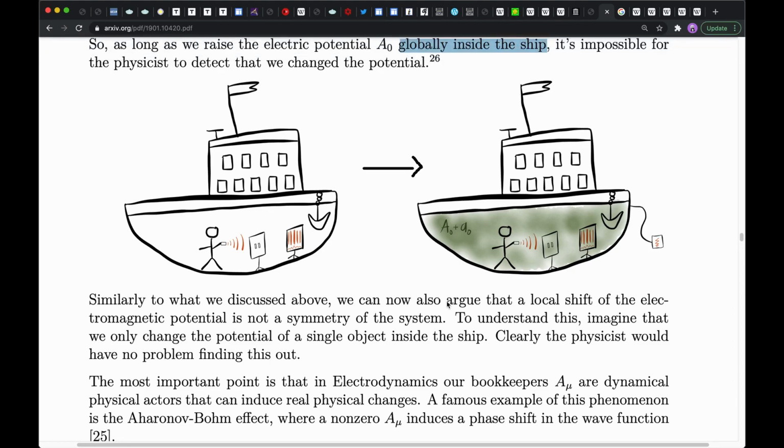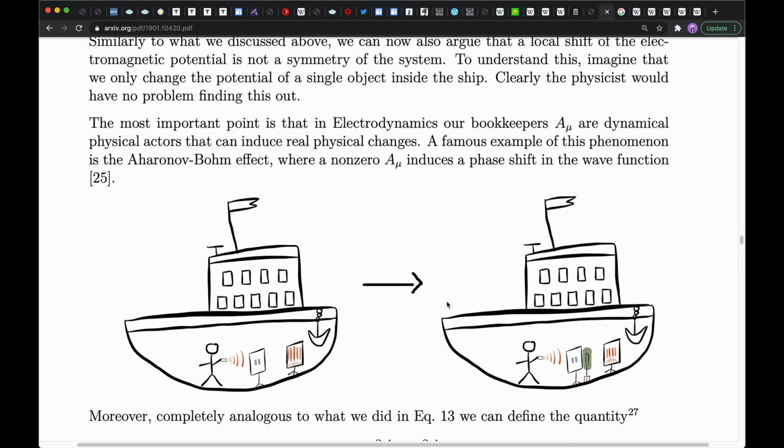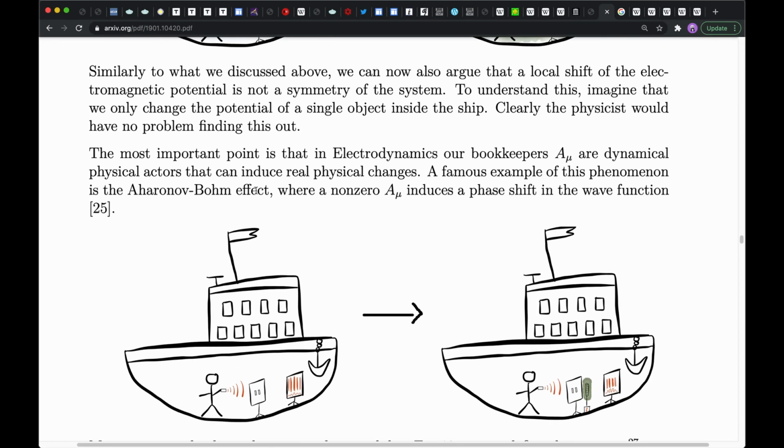Yeah, and if you try to make a local change here, you can put some kind of solenoid here, and you will be able to see the difference in the double slit experiment. That's basically the Aharonov-Bohm effect, where non-zero potential induces a phase shift in the wave function.